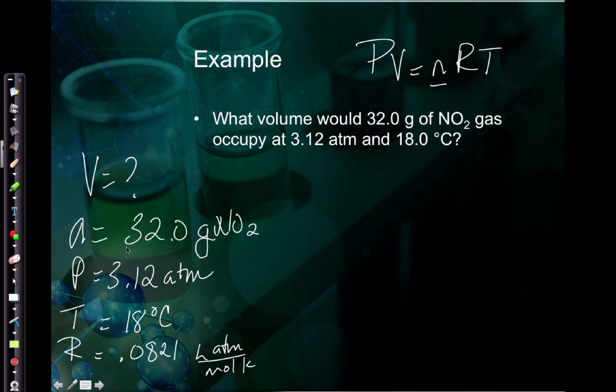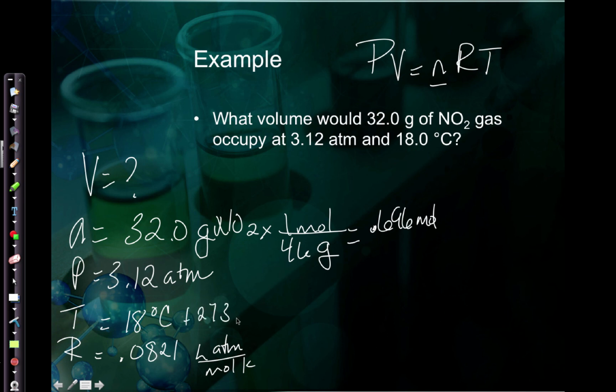First, let's convert this into moles. 1 mole is equal to 46 grams for NO2, and that gives me 0.696 moles. I was given a pressure in atmospheres. Atmospheres and atmospheres match, so I don't have to worry about that. Temperature has to be in Kelvin regardless, so add 273 to that, and you get 291.